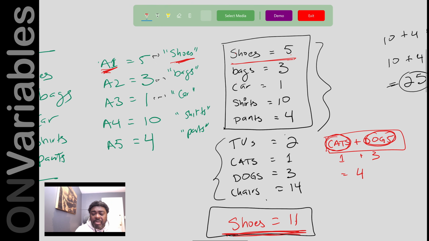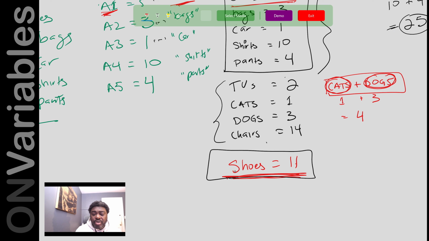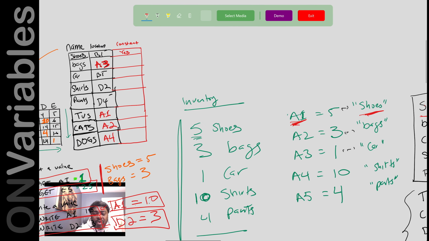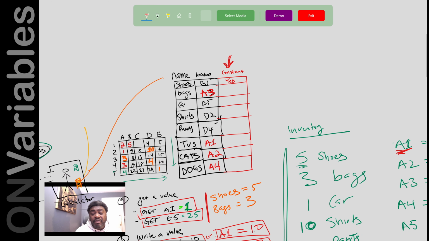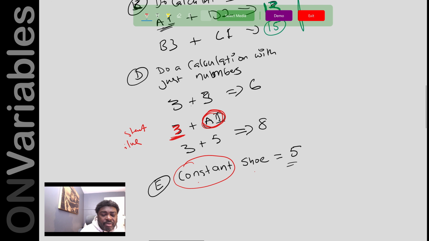Now, if somebody over here comes and sets shoes to 11, when I get here and it comes to me, when you pass me the note, or you pass the calculator the note, and they see that someone wants to change the value of shoes, the first thing they check is whether or not this right here is constant. If this is constant, then the calculator is going to pass the note right back to you and say, nope, you can't change it. If it is not constant, then the calculator will do the calculations and change the value as you want.